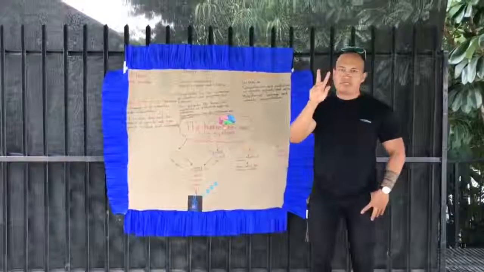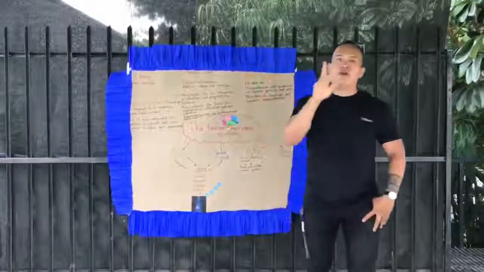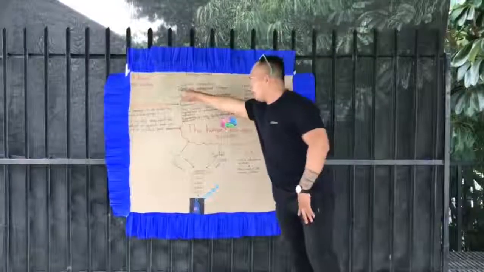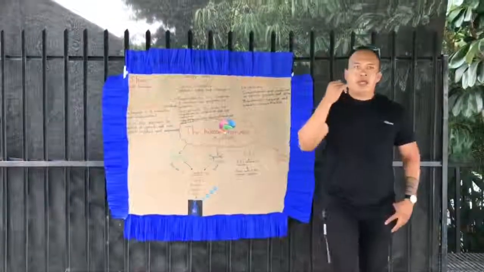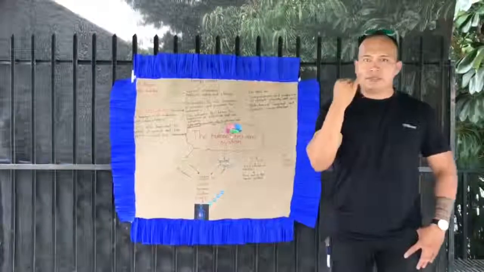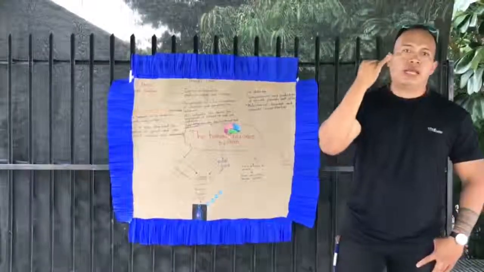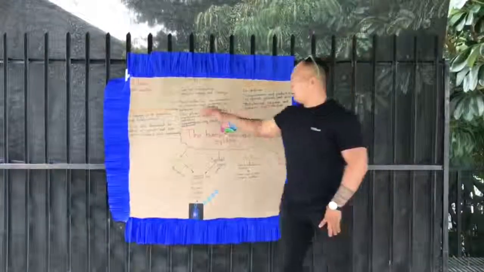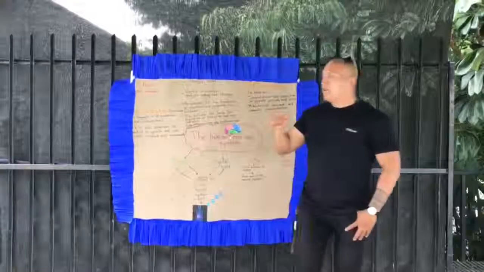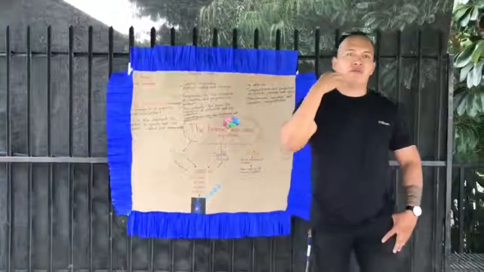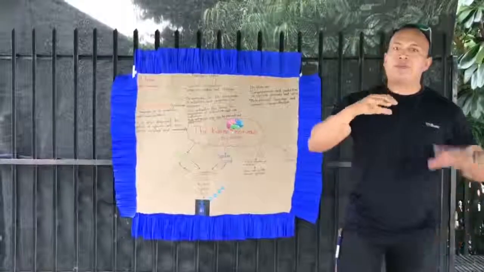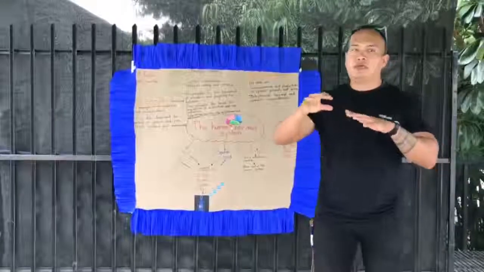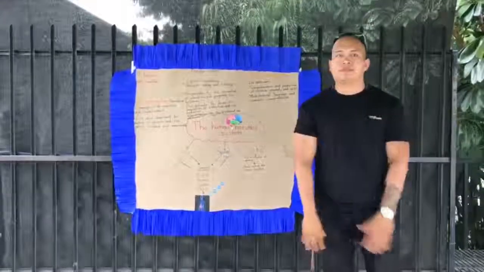Second one, processing, and third one, formulation. In processing, it analyzes, codes, and stores the information in the brain. And formulation is responsible for the formation of intention in every action that a human being makes.